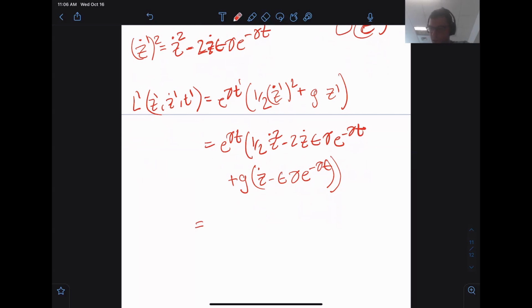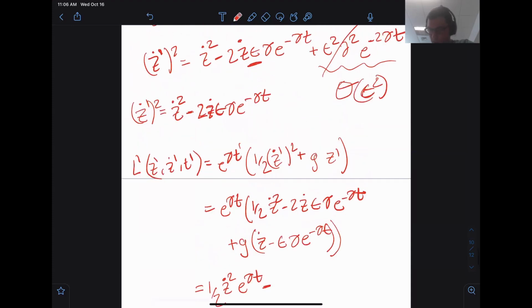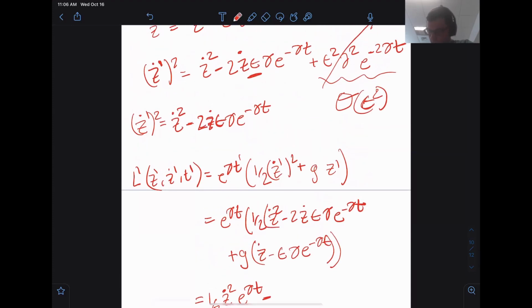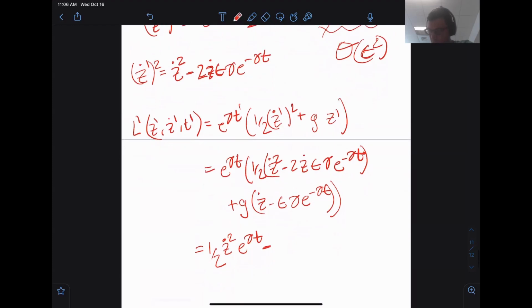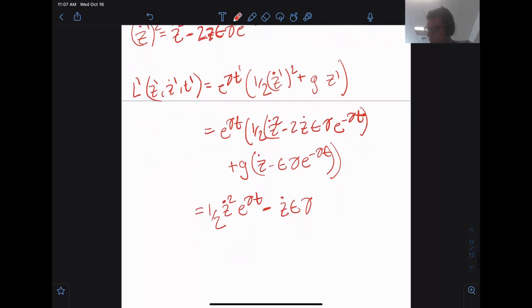And I'm going to just expand this out completely. Oh, this one has to be outside. These exponents are going to cancel each other out.